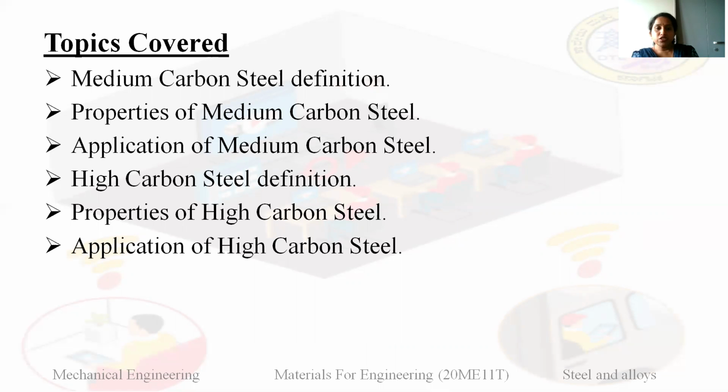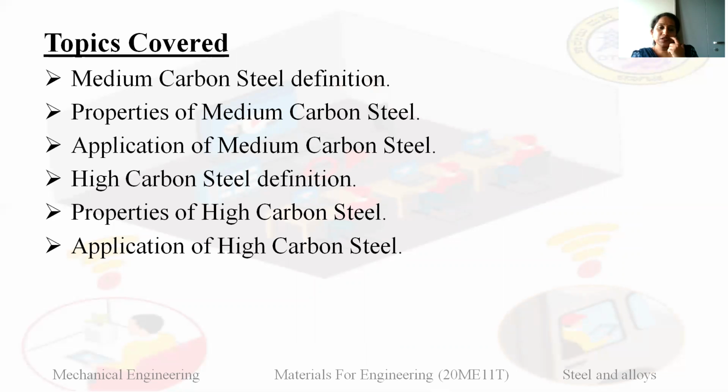When it comes to the application of medium carbon steel, it is used in clutch plate, then rear axles, and then crankshaft, etc. Then high carbon steel, that is the highest. This is the one in which the highest percentage of carbon is used, and because of the increased carbon content, the hardness is more.